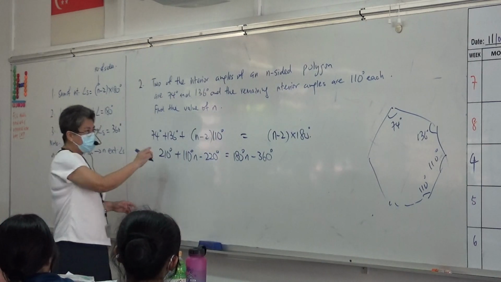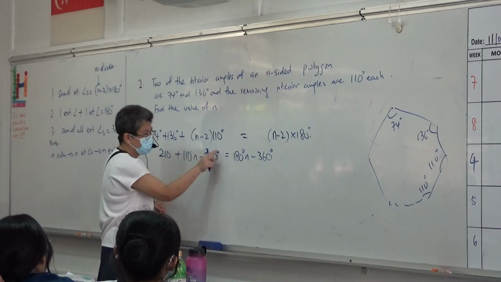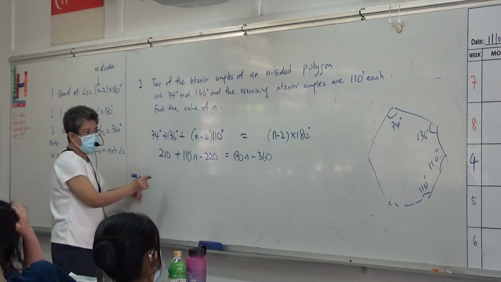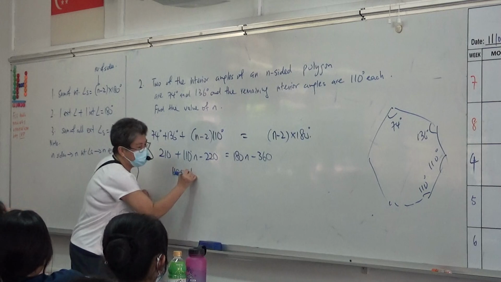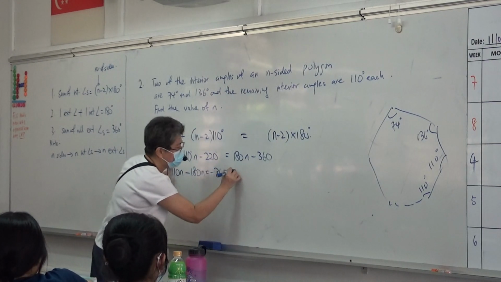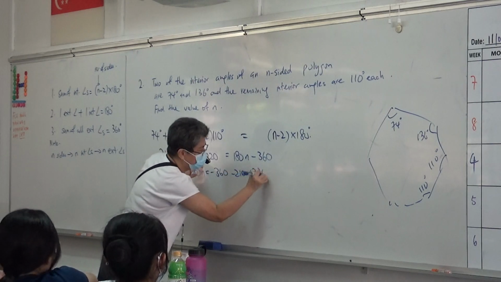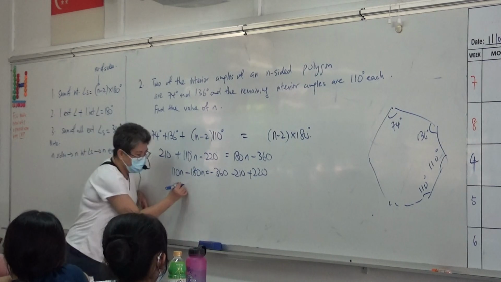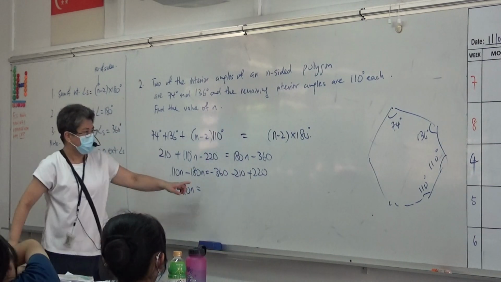Now, when all of them have degrees, you can just drop the degrees. I move all the n to one side. 110n minus 180n will be negative 360 minus 210 plus 220. Now, this one will be what? Negative what? 70n.